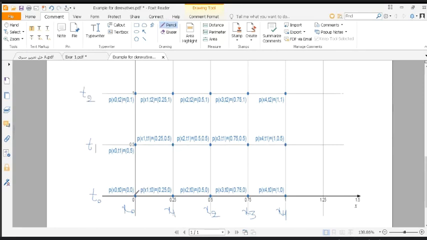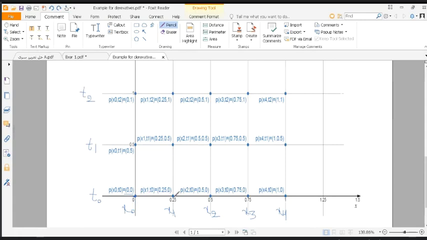For this first point, the coordinate is 0 and 0, and we have P(x0, t0), because this point is the intersection of x0 and t0.